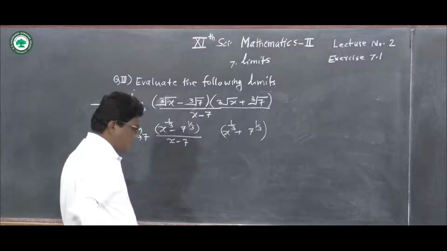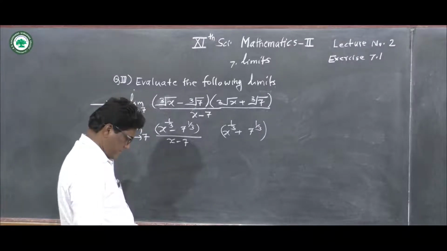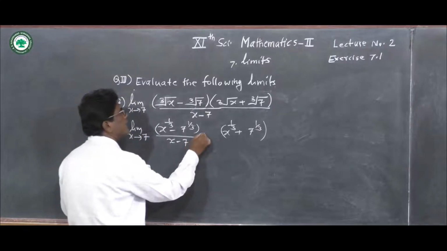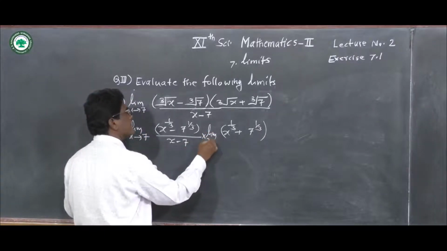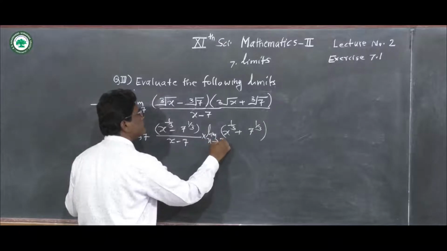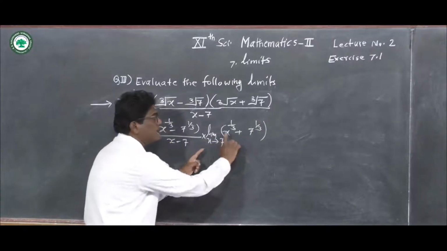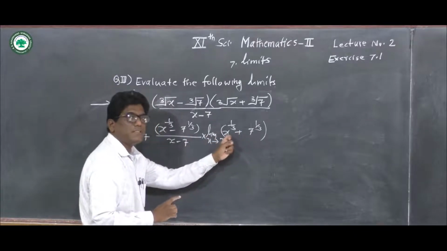Now we separate the limit into both the terms. In the second part, the denominator is 1, not 0, so we put x equal to 7 directly.